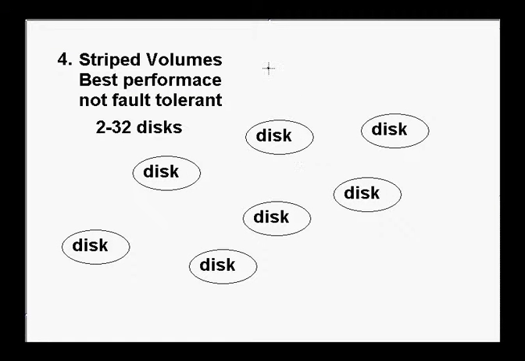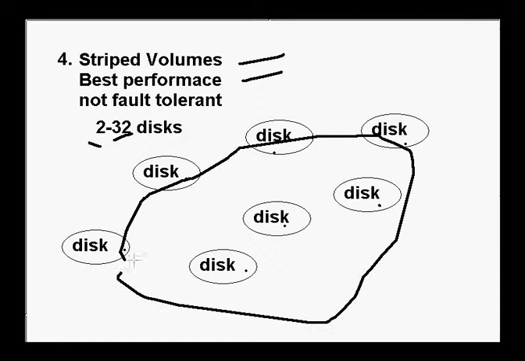The striped volumes offer the best performance, but they don't offer any fault tolerance. You're using anywhere from 2 to 32 disks, and you're combining all the free space. Let's say we had 7 disks here, and these dots are all free space. We would be combining all the free space on all 7 disks in order to create a striped volume.